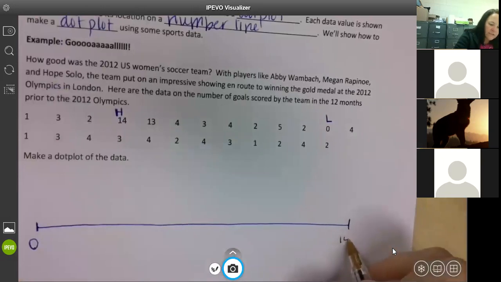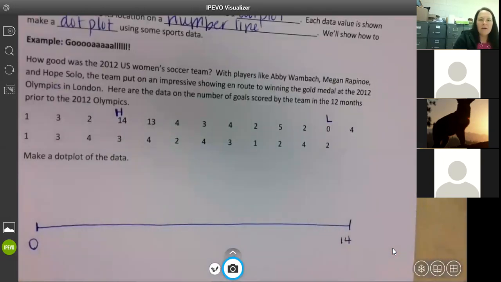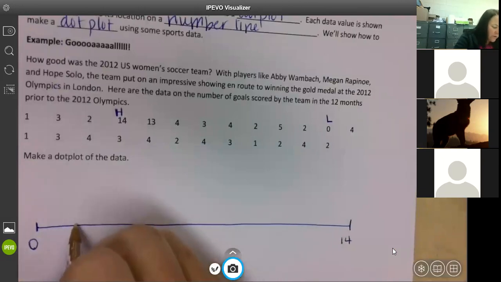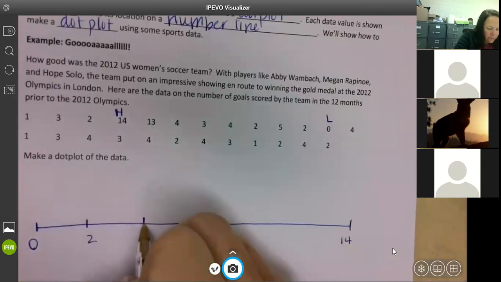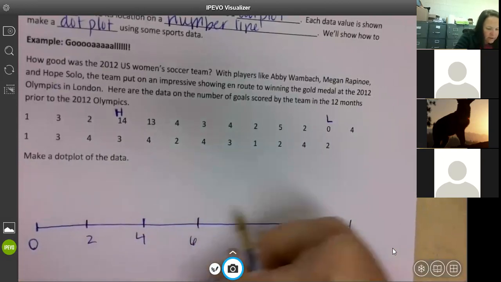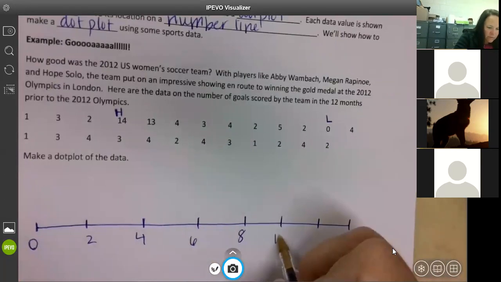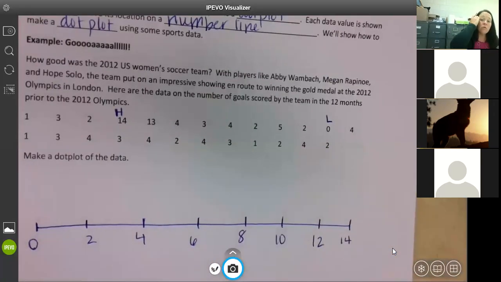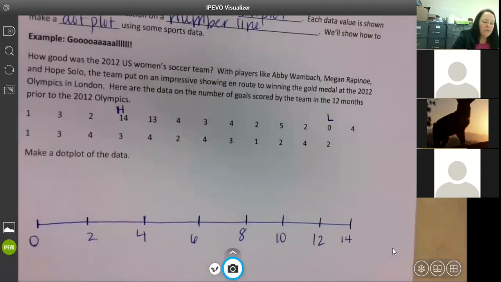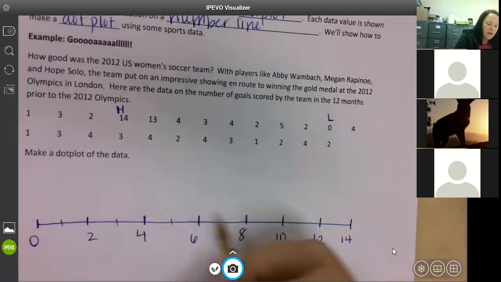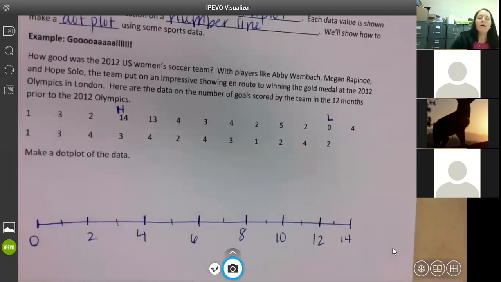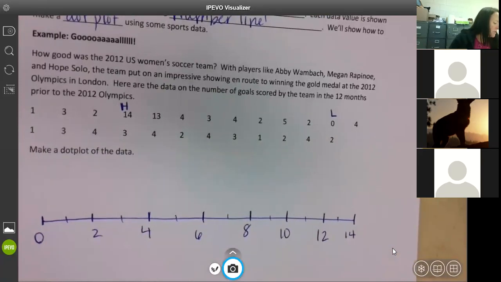I'm going to go to 14. I don't care how you do it in between there. I did it by 2s. It might look weird in just a minute. 2, 4, 6, 8, 10, 12, 14. That wasn't too bad. And then you can do the little numbers in between. That's fine. I don't care. I just don't like writing out a million numbers. So you can do it however you want to.